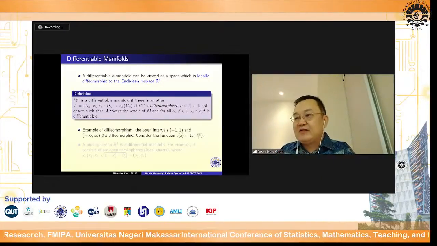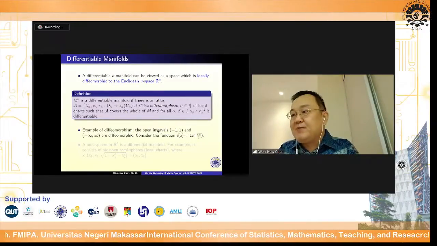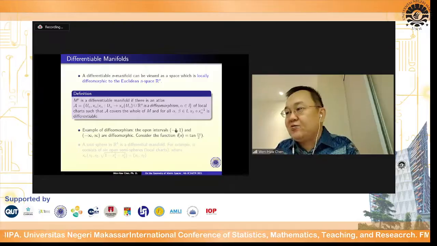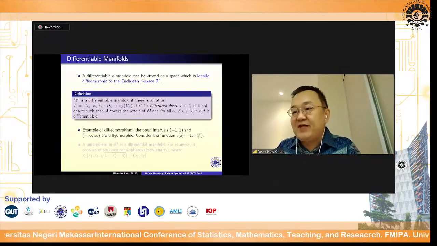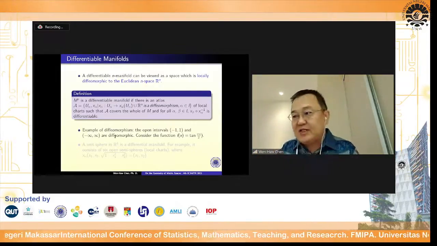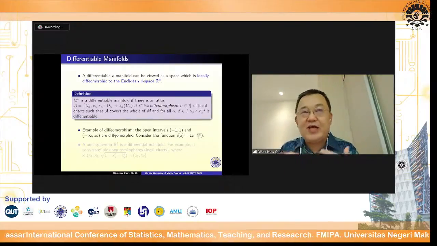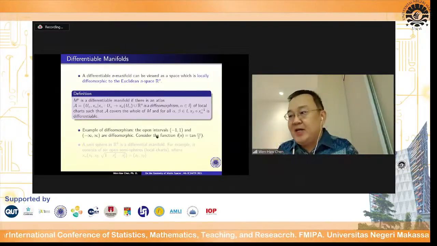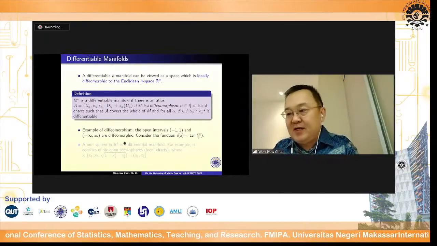So we can have an example: the open intervals from -1 to 1 and from minus infinity to infinity are diffeomorphic. From the topological or diffeomorphic point of view, they are the same. For example, we can consider the function just like this.